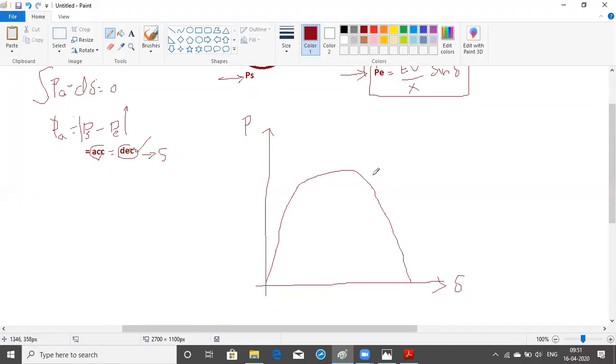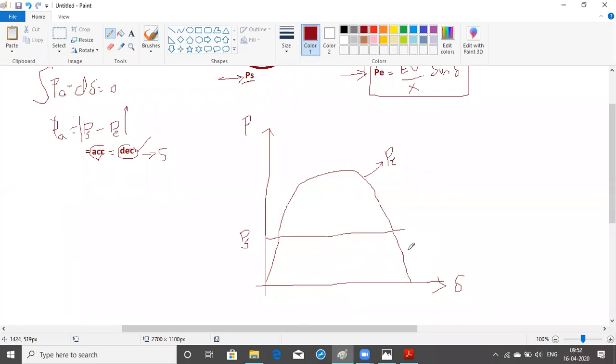This is the electrical power PE, which is equal to EV by X sine delta. We also have the shaft power or mechanical power, and consider this a straight line, which is the mechanical power. Now I have drawn these two characteristics.